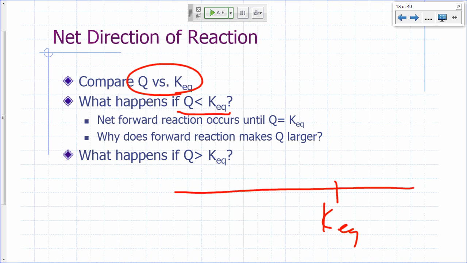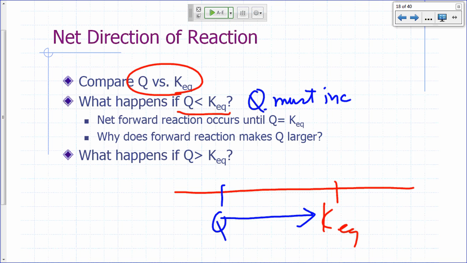If KEQ is over here and Q is over here, what will happen? The reaction will have to occur so that eventually Q becomes equal to KEQ, right? So Q will have to increase until it becomes equal to KEQ. Because Q cannot decrease and still become equal to KEQ if it's already less than KEQ, right?